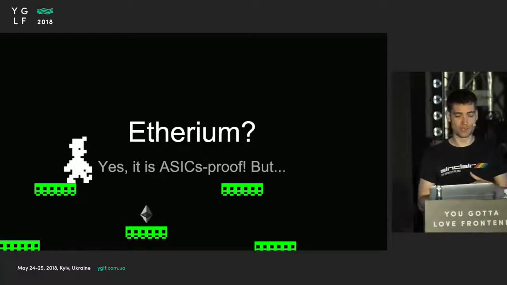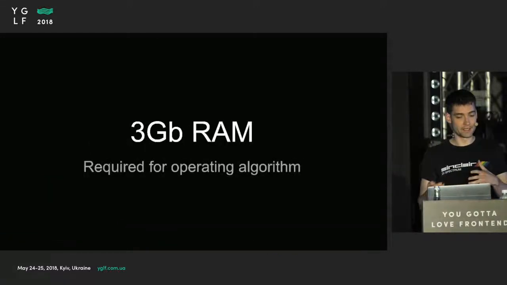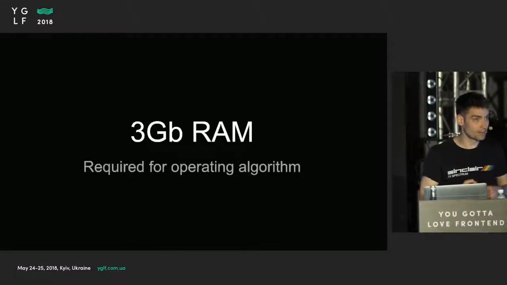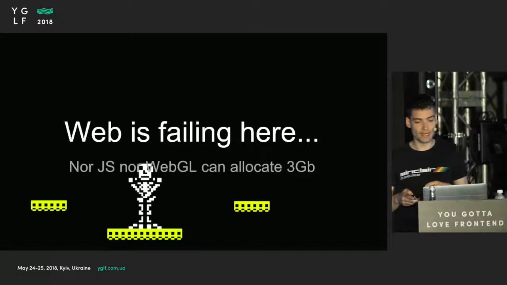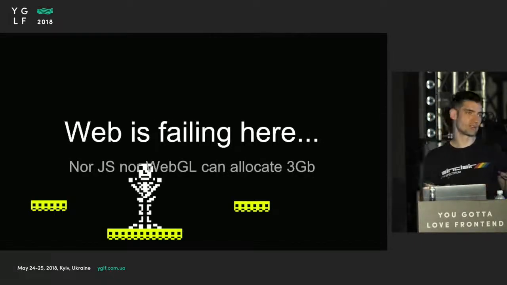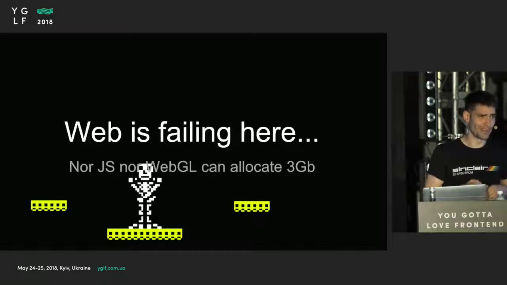So I tried to do that, and it happens that you need 3 GB of memory to implement the Ethereum algorithm, which is really a lot. And the web is failing there. Neither JavaScript nor WebGL can normally get 3 gigs of memory. So it's ASIC proof, and it's also JavaScript proof.